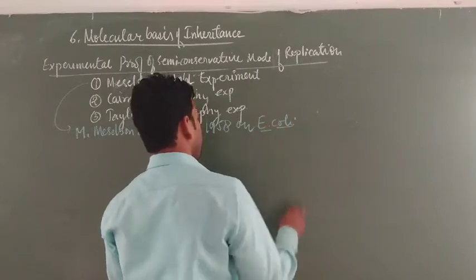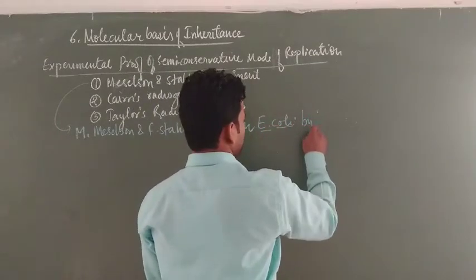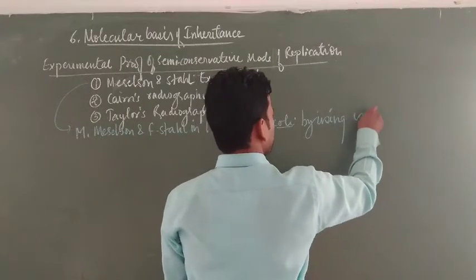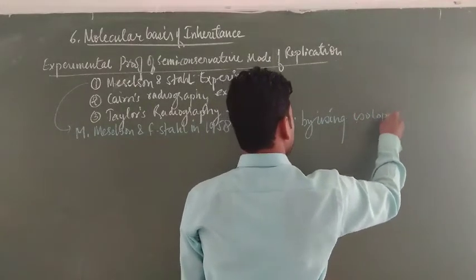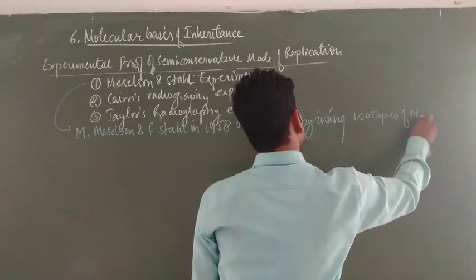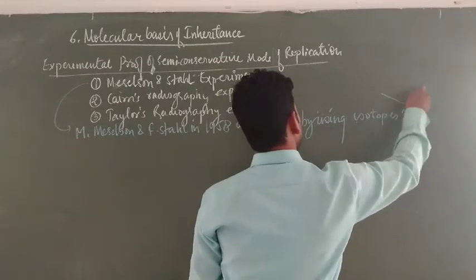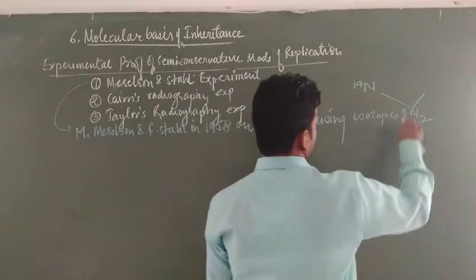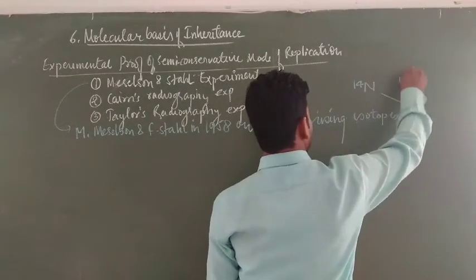On E. coli by using isotopes of nitrogen, that is, light isotope of nitrogen N14 and heavy isotope of nitrogen N15.